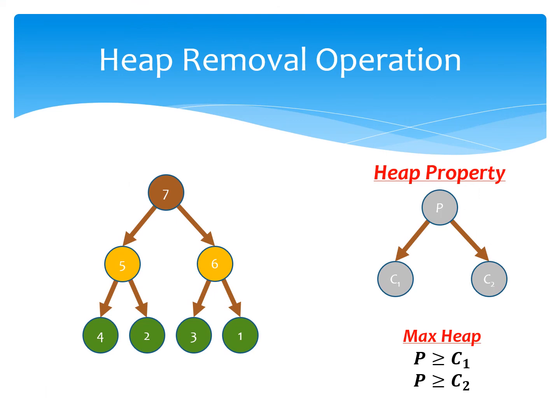When removing from the heap, the root node is always removed. As highlighted in the red rectangle, after removing the root node, the heap structure is no longer maintained.